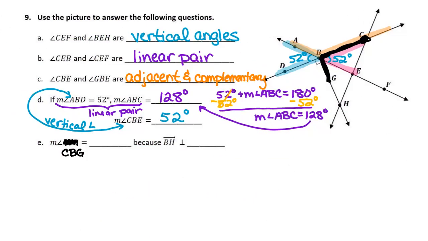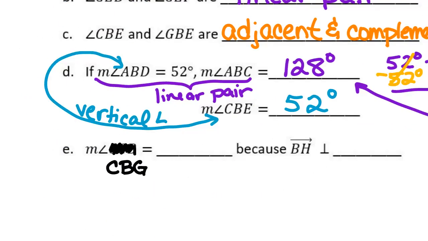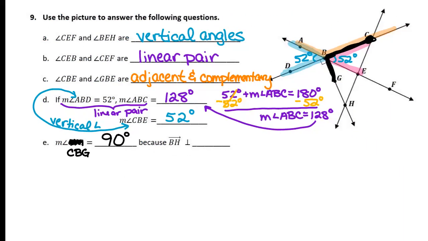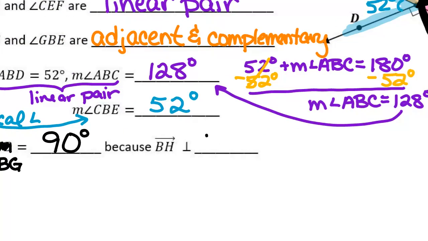It's a right angle. How big are right angles? 90 degrees. Because ray BH, here's ray BH, is perpendicular to line DC. Perpendicular to line DC.